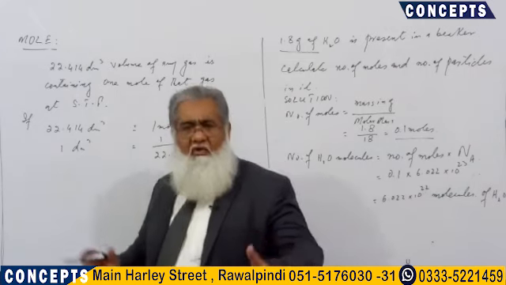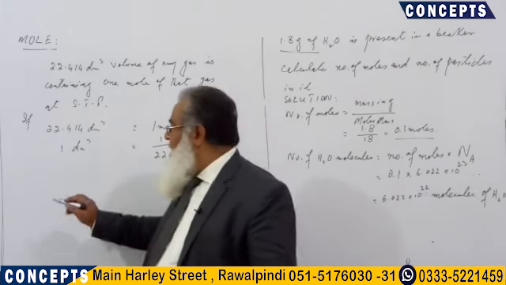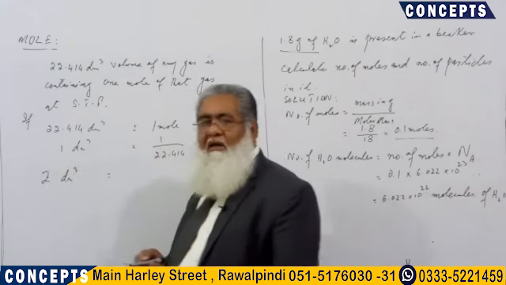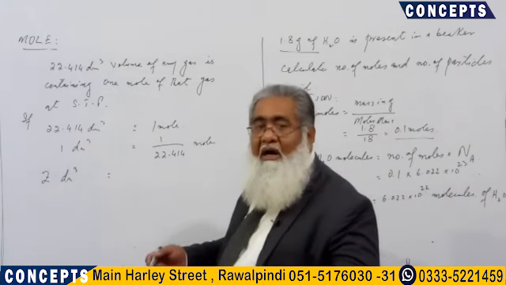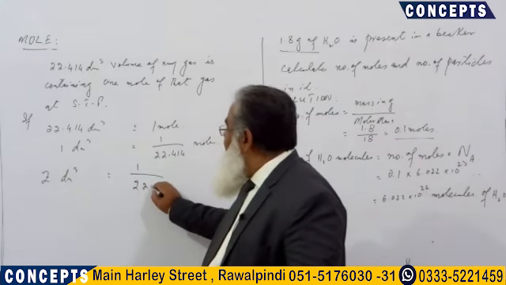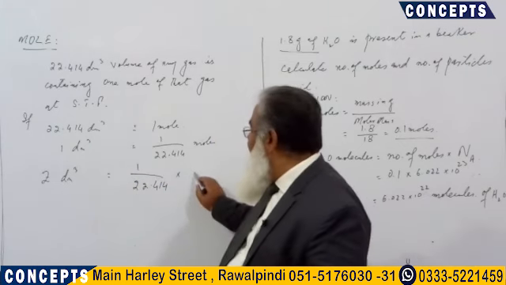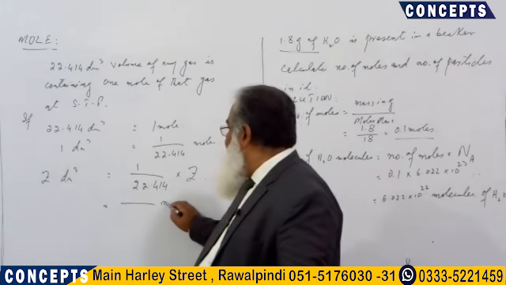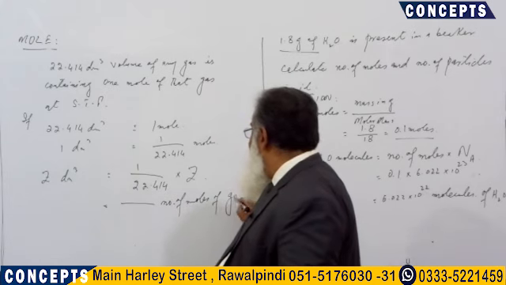And if any volume of the gas is given, let's suppose Z cubic decimeter of the gas is given, then how many moles will that Z cubic decimeter occupy? We have to divide, 1 divided by 22.414 into Z. This will give us again number of moles of gas.